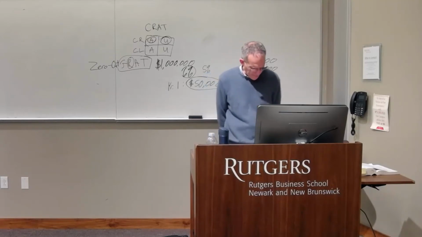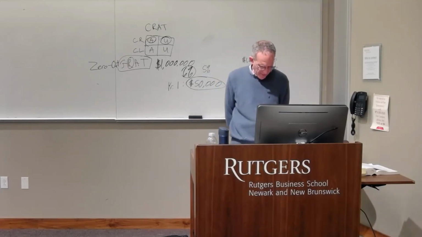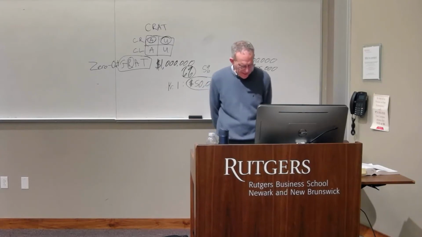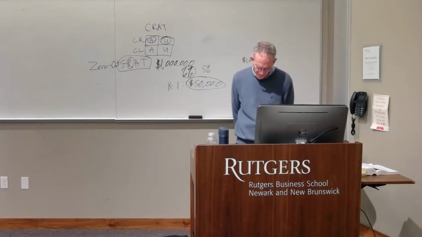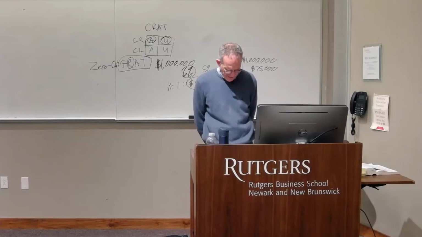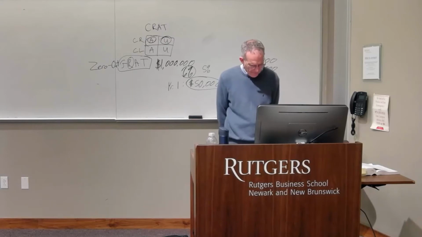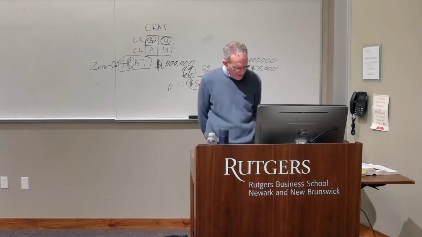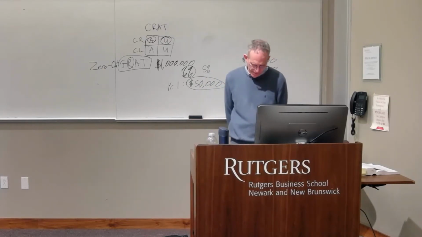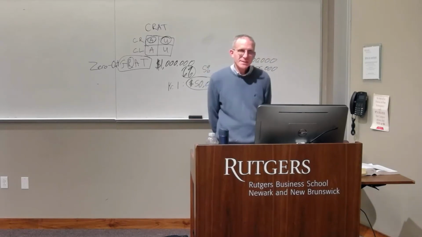Question 4. How are the payments from a CRUT determined? Is there a minimum amount? Once again, the same sort of percentages, but each year the amount will vary. May a CRUT be limited to income only? Yes.